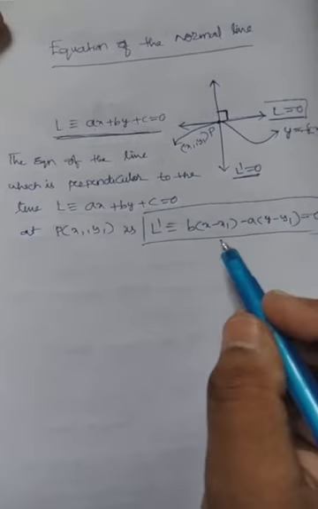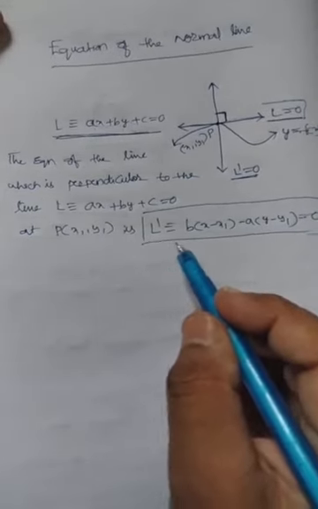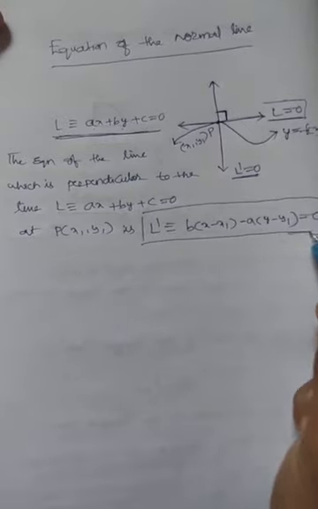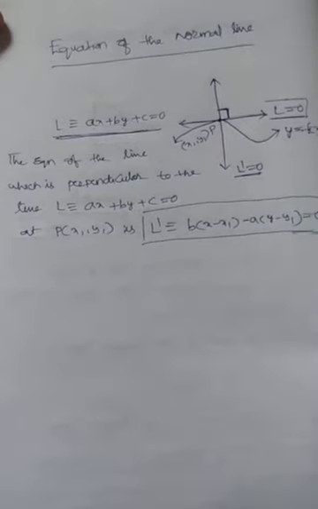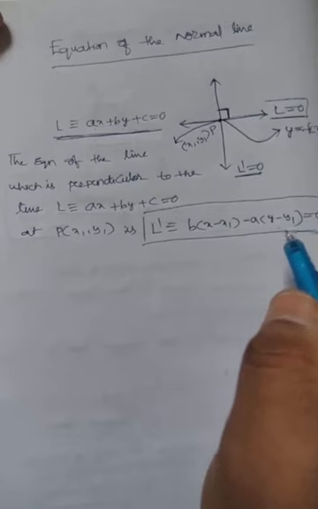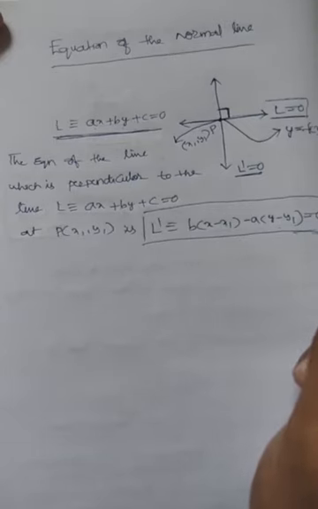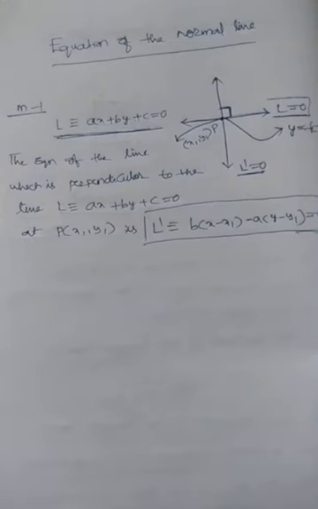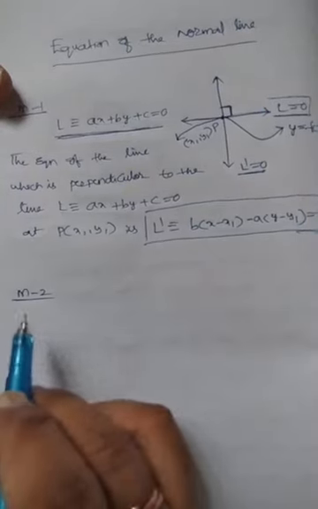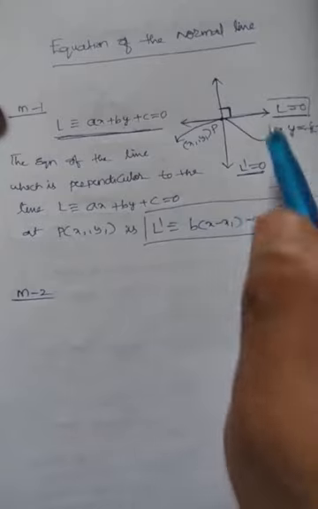Then by using this formula you could get the normal line equation. Okay, so this is the simple method to find out the normal line equation. So this is method 1, the simple manner.